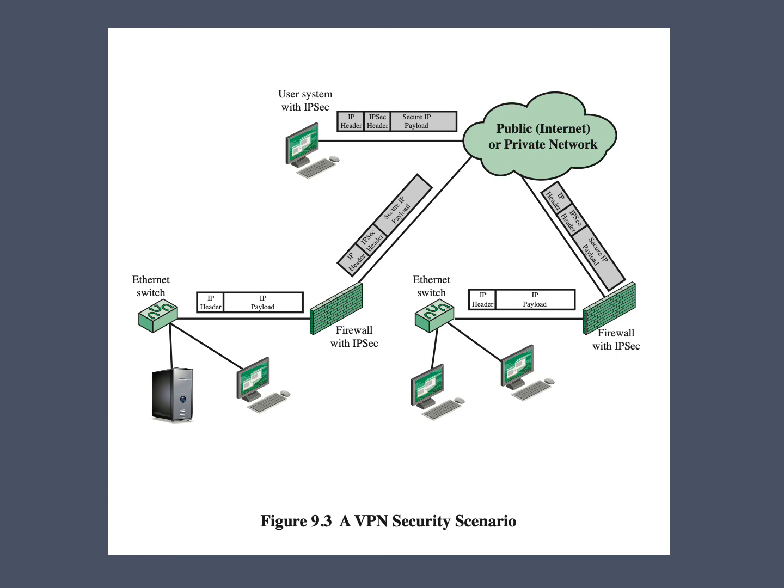Each segment is put into an IP packet, and before the IP packet is put into an Ethernet frame, the entire IP packet is now encrypted. So if somebody were to sniff on the network, unless they had the encryption algorithm, they would not be able to decipher that.